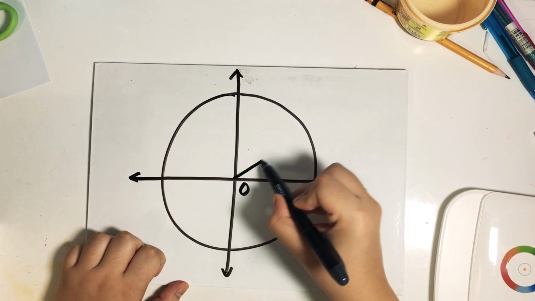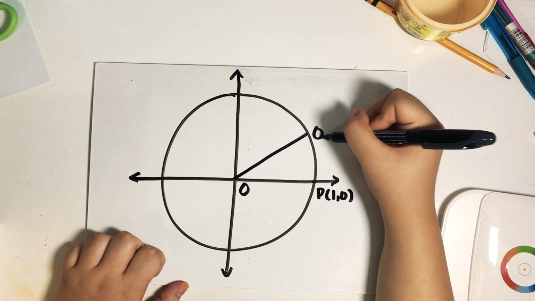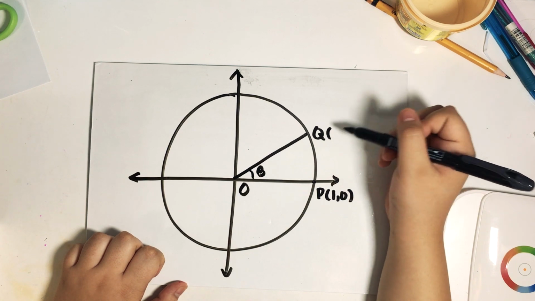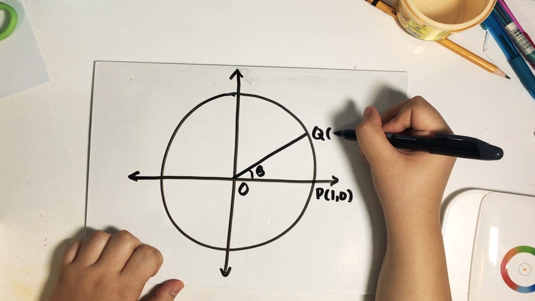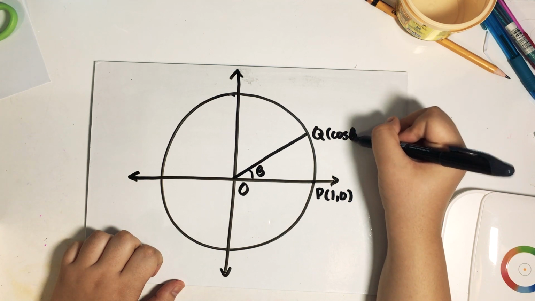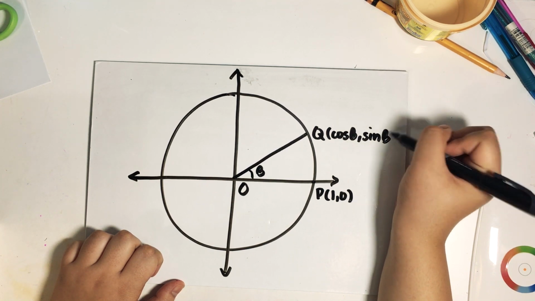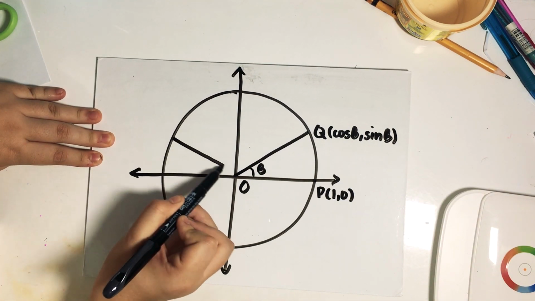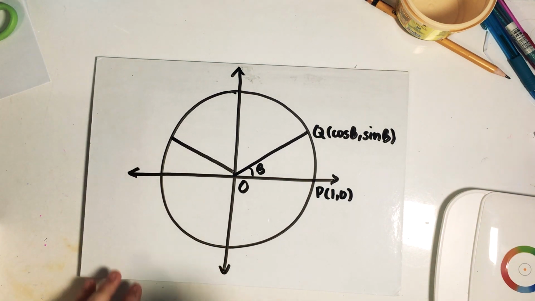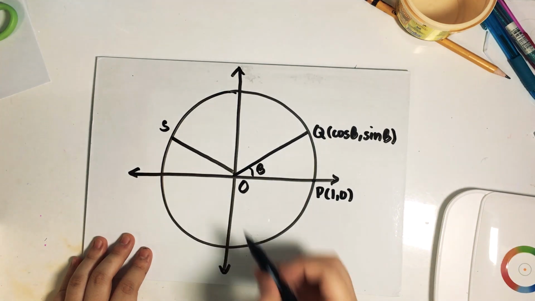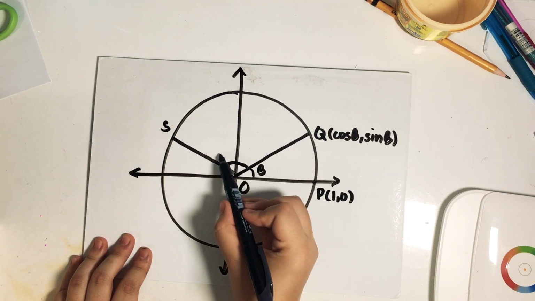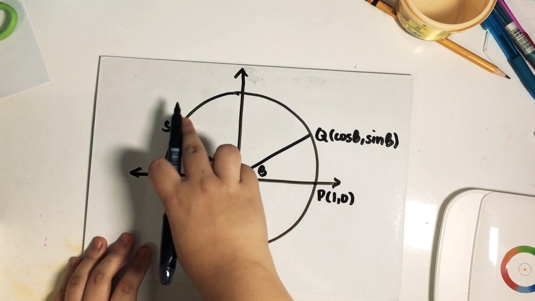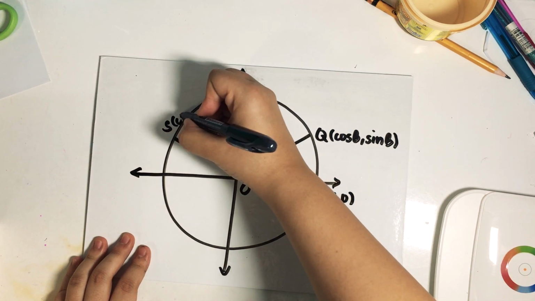We will have a segment here, which we will call segment Q, with the angle value of B. That means that its value will be cosine B and sine B. And we will have another segment here, which will be called segment S, and which will have the angle value of A. So if this is cosine B and sine B, this will be cosine A and sine A.